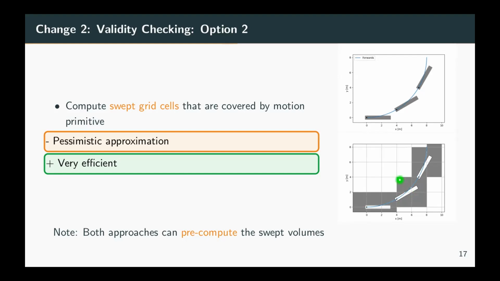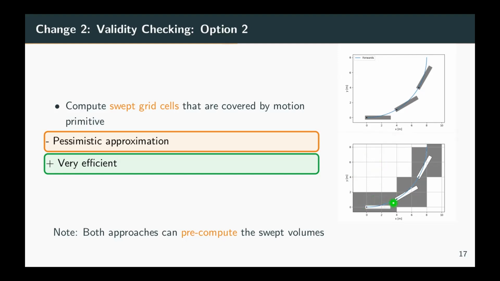But in practice, you can do the collision checking very efficiently, because for each motion primitive, you store which of the grid cells were occupied. You know that the motion primitive itself is always in a lattice, so the only thing you have to do when you do collision checking is check a big Boolean array if there's any overlap.